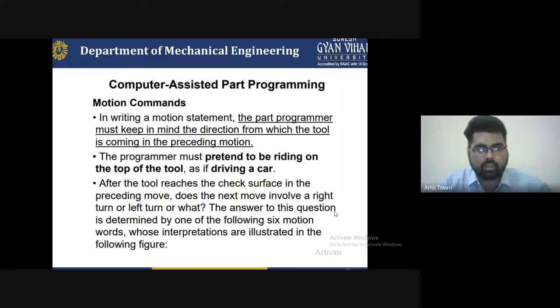After the tool reaches the check surfaces, is the next move a right turn or a left turn? The answer to this type of question is determined by one of the following motion words, which we interpret like the illustration in the following figure that will be discussed later.